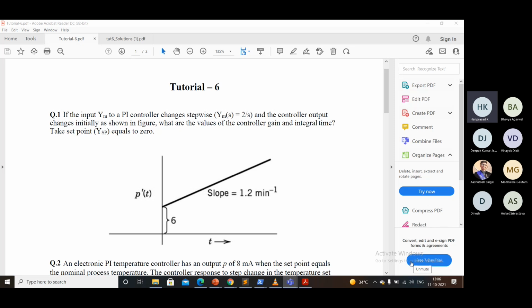You have to be careful about two things. They are given the set points, and one is P prime(t). Generally, prime is in terms of deviation variables, unless otherwise specified, so you'll have to take that into account and solve this problem.